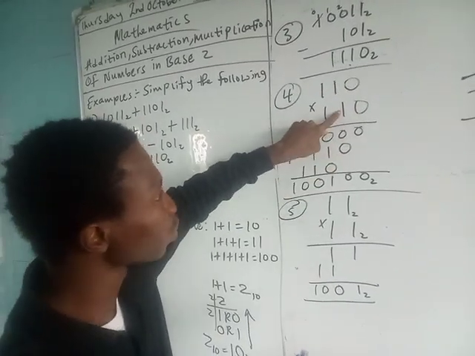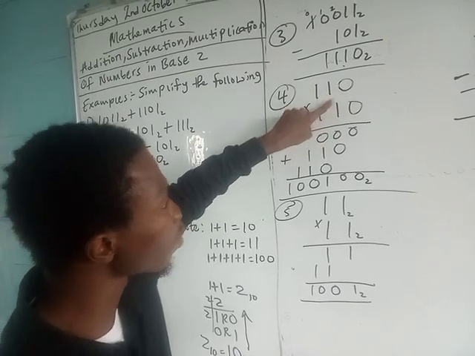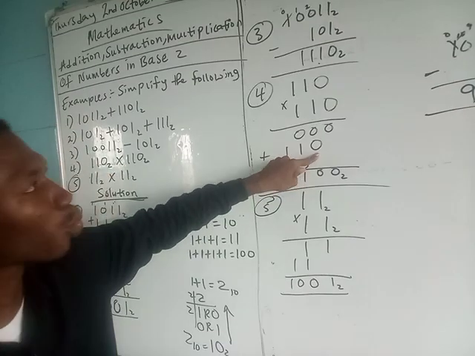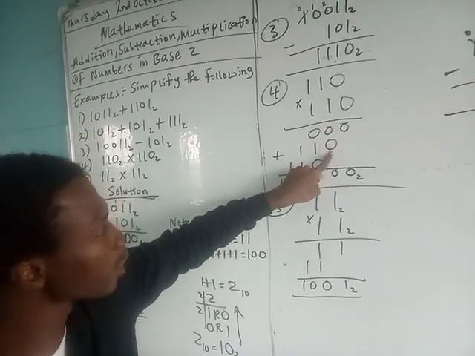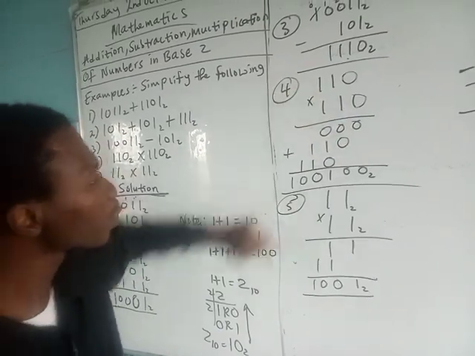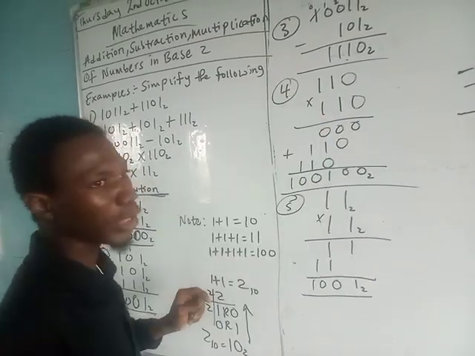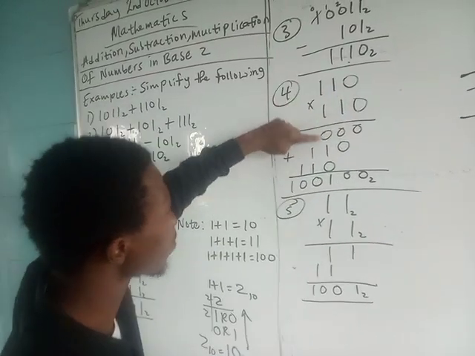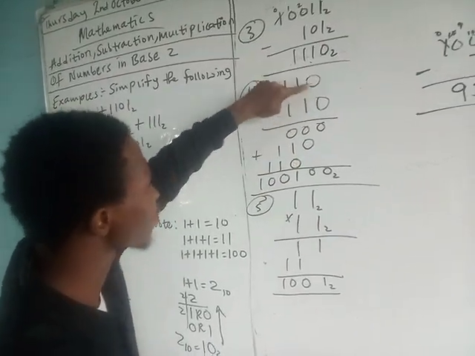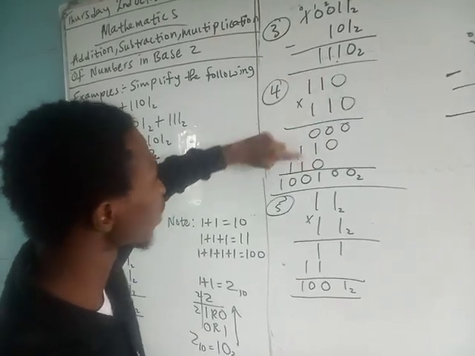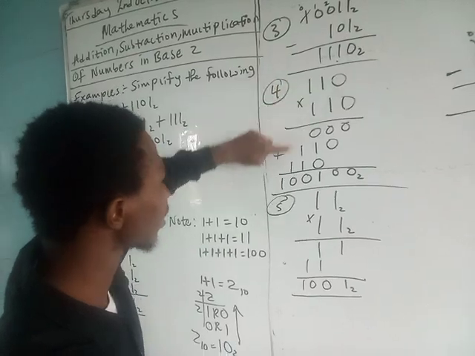For the next, we start from under the number we use to multiply. 1 times 0 is 0, 1 times 1 is 1, 1 times 1 gives 1. We do the same thing with the last digit. The answer will start from this 1: 1 times 0 is 0, 1 times 1 is 1, 1 times 1 is 1.